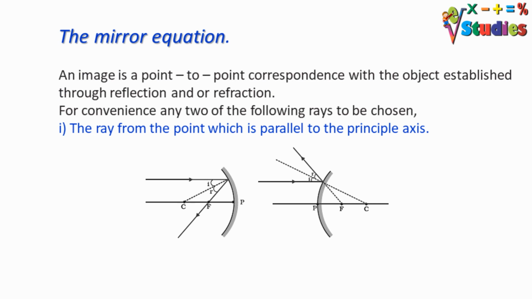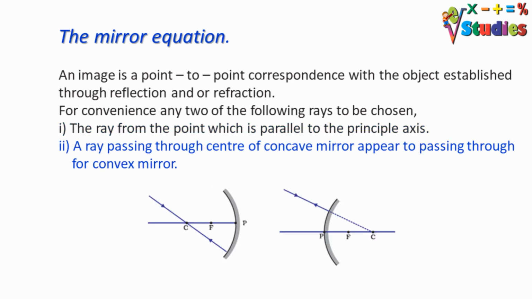The first one here is the ray from the point which is parallel to the principal axis. When there is a ray parallel to the principal axis, it gets reflected from the surface of the mirror and it passes through the point F, which is the principal focus on the principal axis.